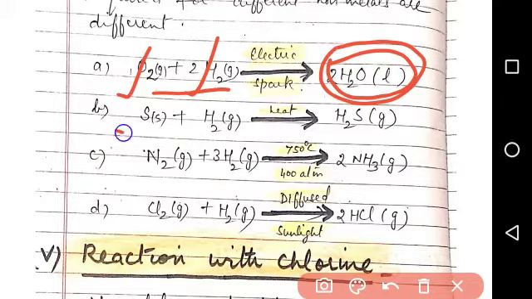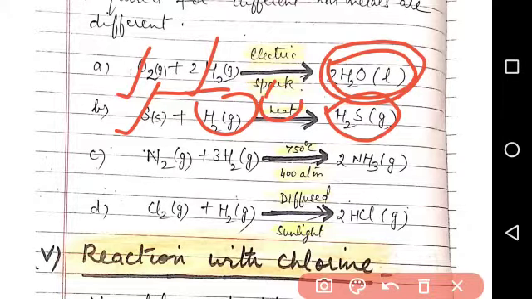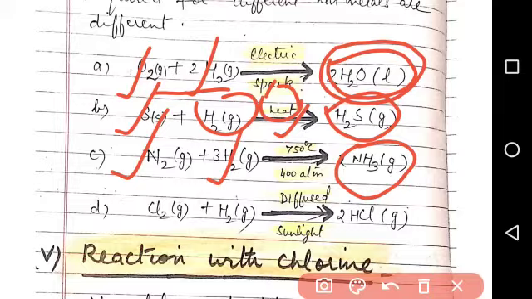Secondly, sulfur reacts with hydrogen to form H2S, hydrogen sulfide gas, and heat is required for this reaction. Third, nitrogen and hydrogen, both are gases. They react to form ammonia gas, and the conditions required are 750 degrees Celsius temperature and 400 atmospheric pressure.